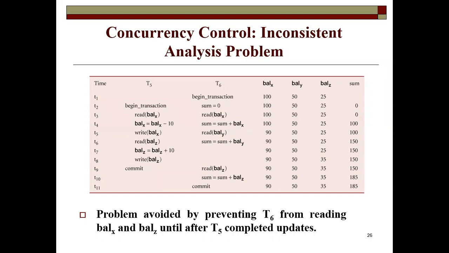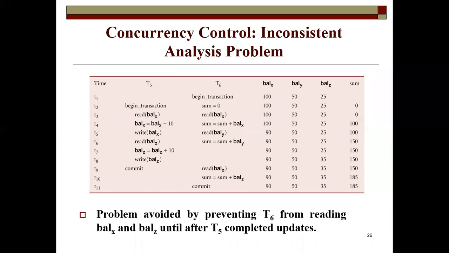That's going to be reflected in the column of the sum. When you look at the sum, it has been added the 100 previously plus the 50 of balance Y to give you the 150. But the transaction T5 was reading balance Z.